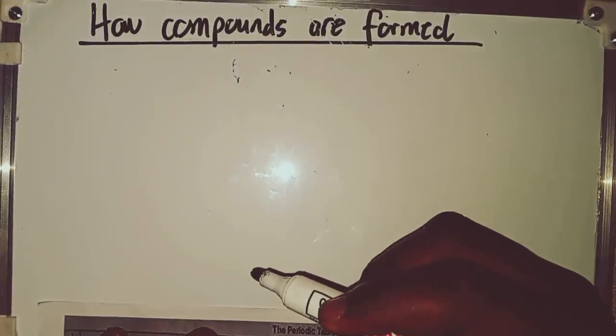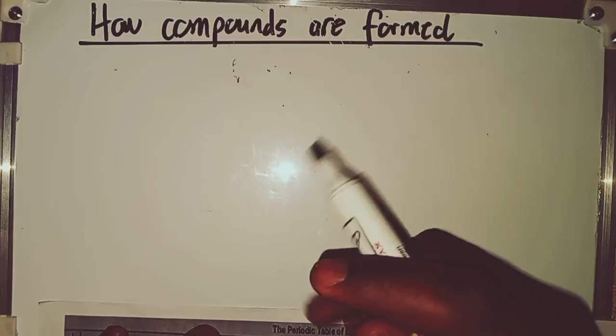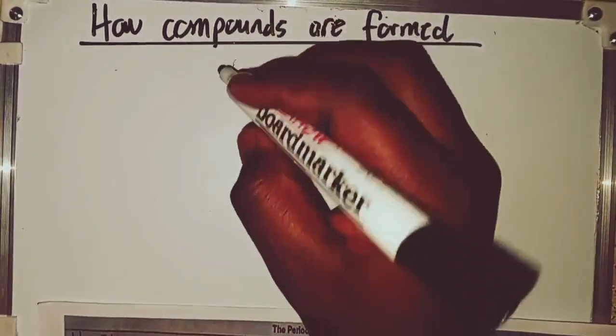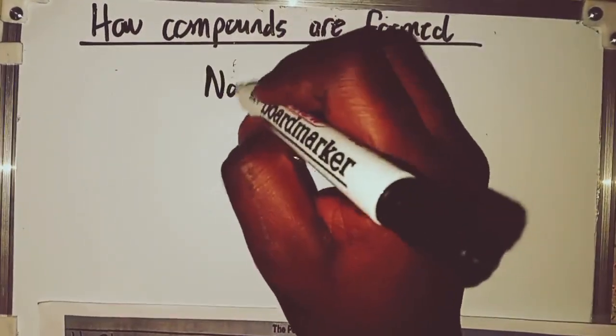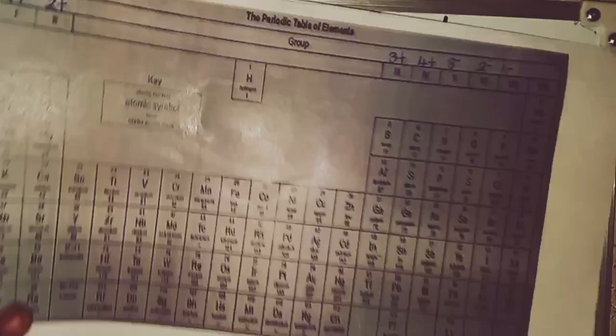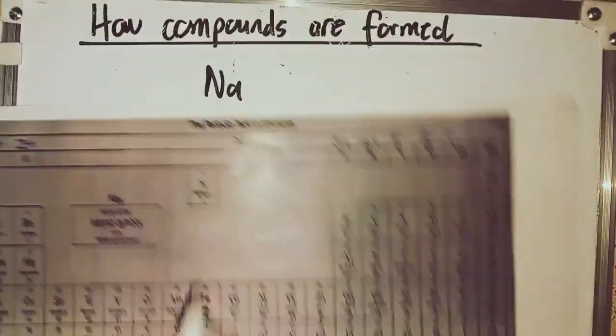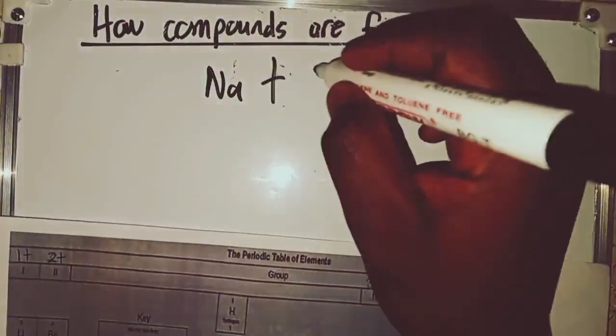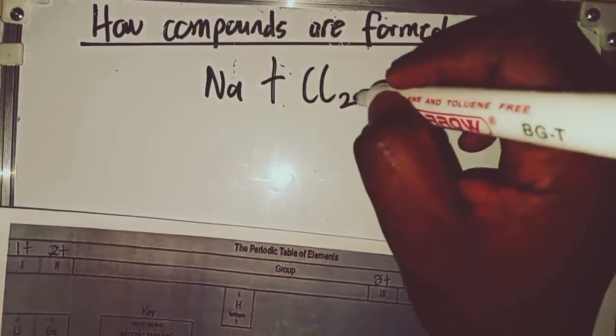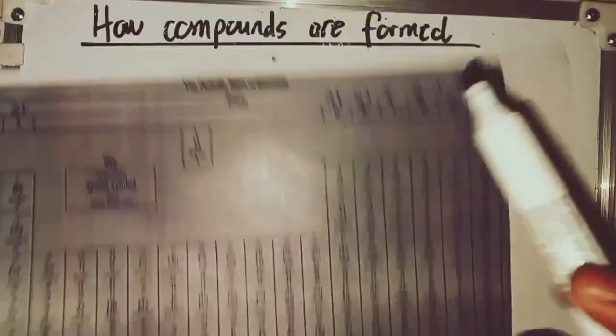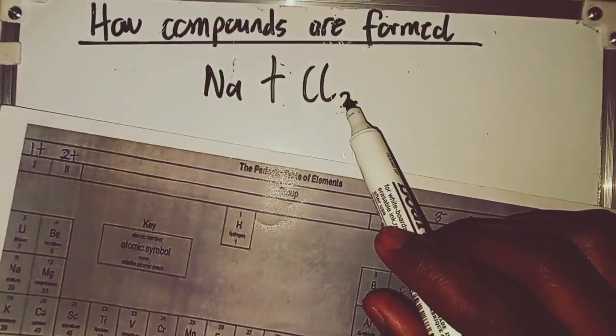Okay, so now we're going to look at how compounds are formed. If we react two or more elements, we get a compound. So let's say we are to react sodium. The chemical formula for sodium is Na. So we react sodium plus, let's say, chlorine. Chlorine is diatomic, so it is Cl2.